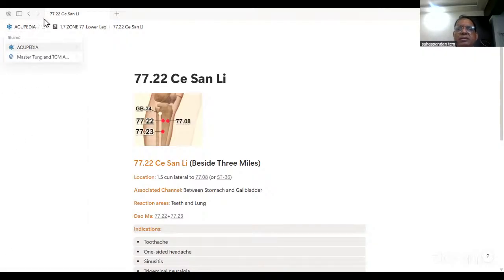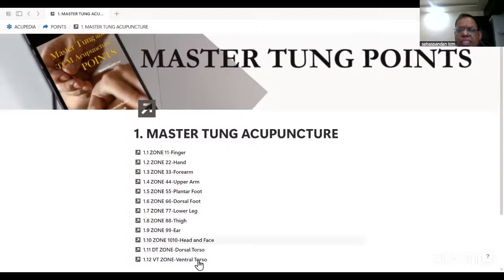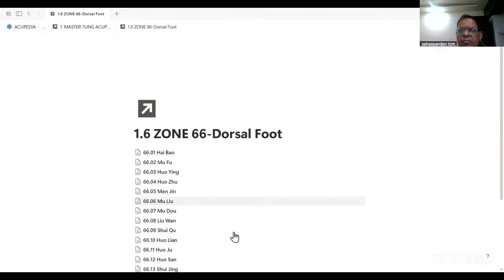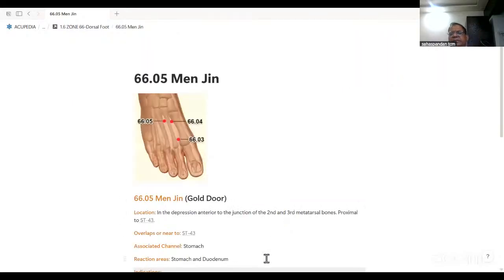Then 66.05. This is the ST43, and 66.09. See, this is the 66.05. This is the ST43 in the TCM.